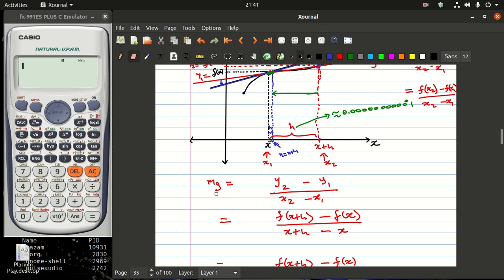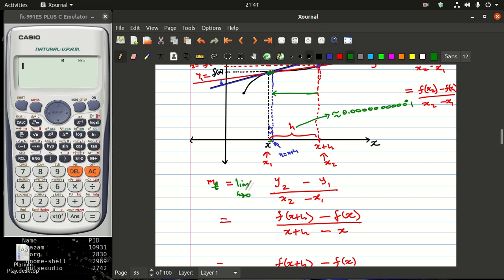So the slope of the tangent line, I'm going to place a T here, is going to be found, or we're going to get a good approximation if we are getting a point that is so close. To say that I picked a point that is so close, I'm just saying the limit. But now this here is determined by H. So if this H is so small, such that H is getting closer and closer to 0, right?